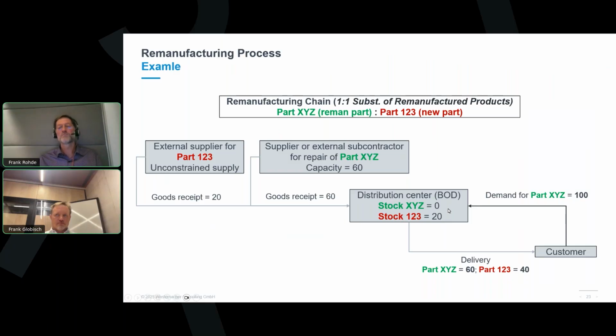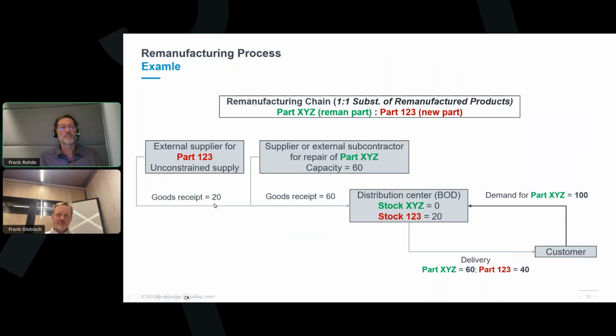Then the system would proactively say, okay, let's try to cover that demand from the external repair supplier or subcontractor that is doing repair. He has a constrained capacity of 60, and therefore we try to use all his capacity, but that is not enough to fulfill the 100 pieces.